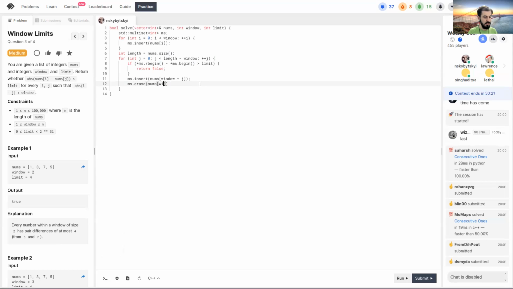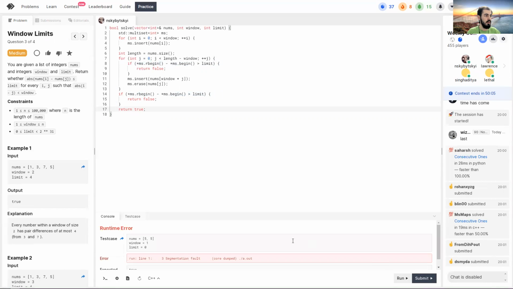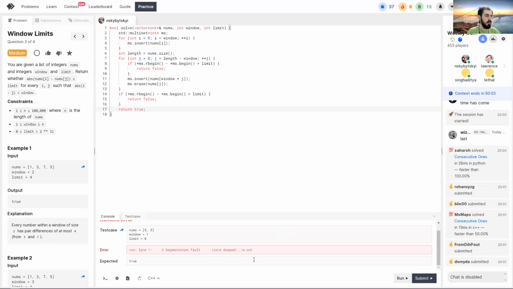Yes, we can just erase like so. Let's see. So just maintain a multi-set of all numbers between, and the maximum difference should be between. What happened wrong?